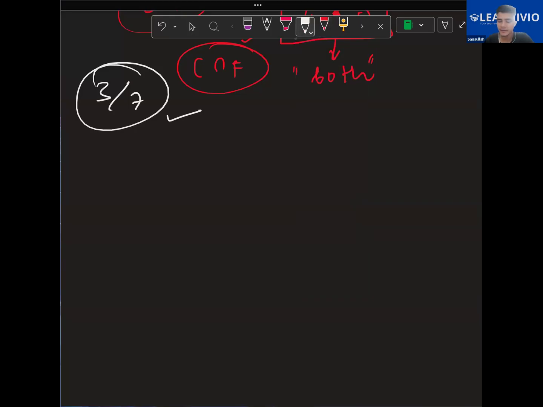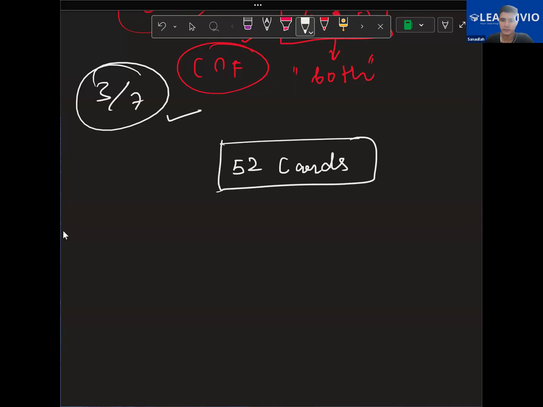Okay, so in mathematics, as in real life, we have 52 cards. From these 52 cards, we have four categories. We have divided them into four categories of 13 each: 13, 13, 13 and 13.